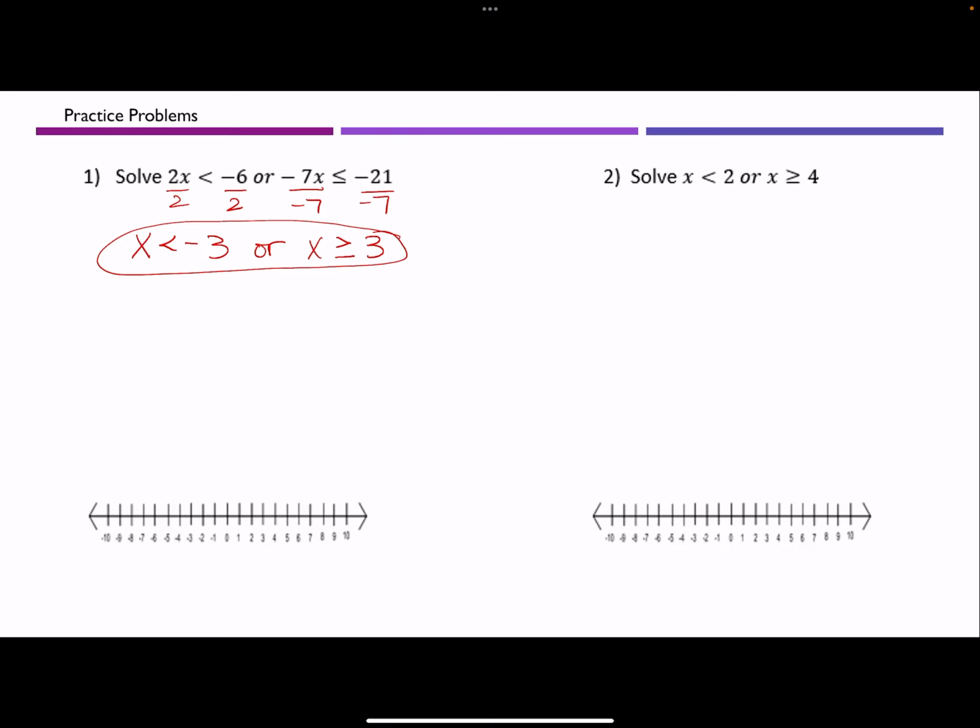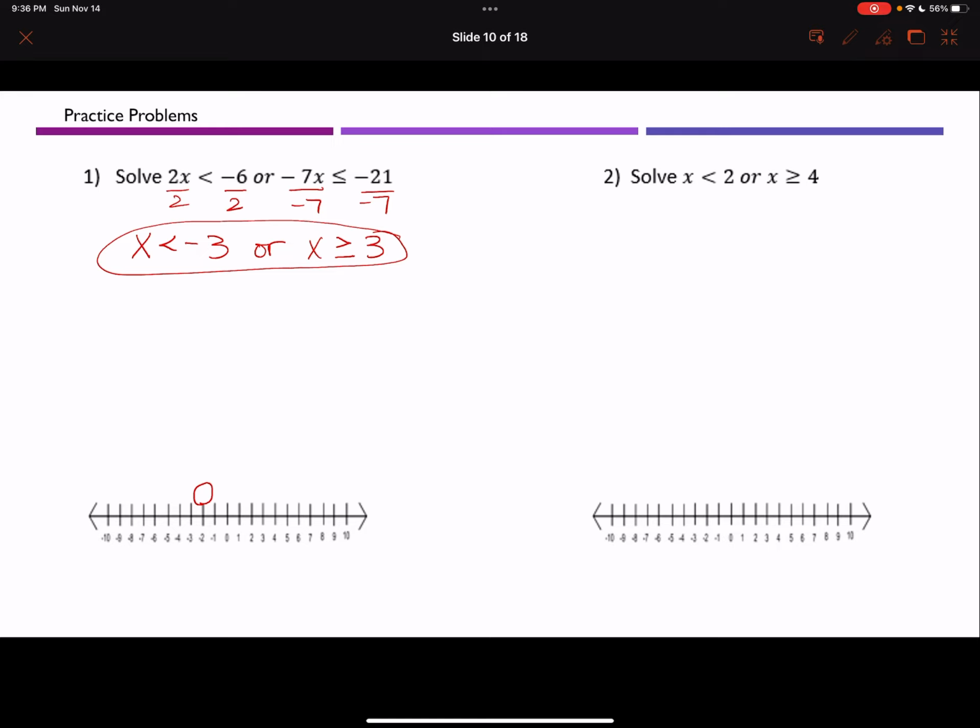And now that I have my solution, I'm going to graph it. So remember, we're just going to graph each one individually. Oh gosh, I did that again with the negative 2.